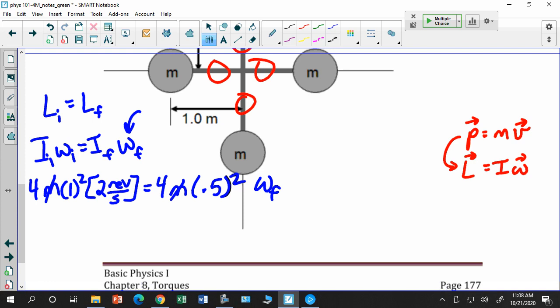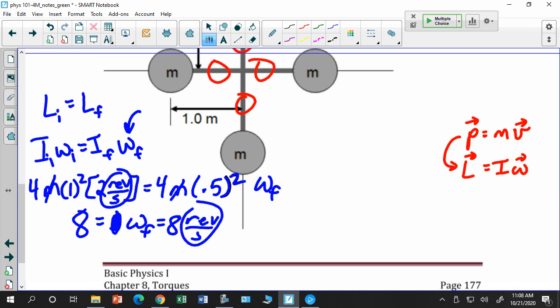And so that becomes 8 equals 1 times omega final. So omega final is just equal to 8 revolutions per second. And again, whatever units I put in here, I get out here. That's not always true in rotational equations, but it is for angular momentum. Not for Newton's second law, not for kinetic energy, but yes for the kinematics equation and this angular momentum. You'll get the hang of that if you practice this a lot. You'll begin to see when you need conversions or not.